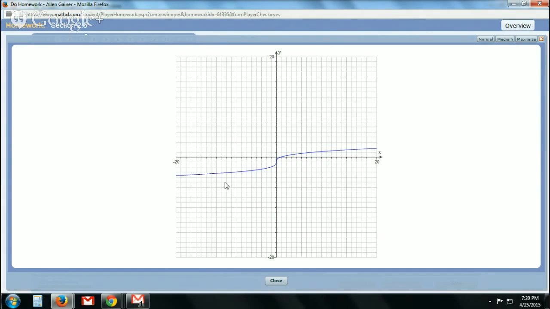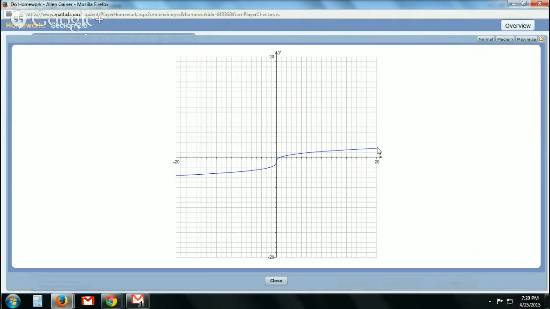Now, as you look at the left side of this picture, it keeps dropping toward negative infinity. As you go left, it keeps moving toward negative infinity. The right side, it's doing it very slowly, but as you go to the right, it keeps on moving up. It's getting higher and higher and higher as we move to the right.